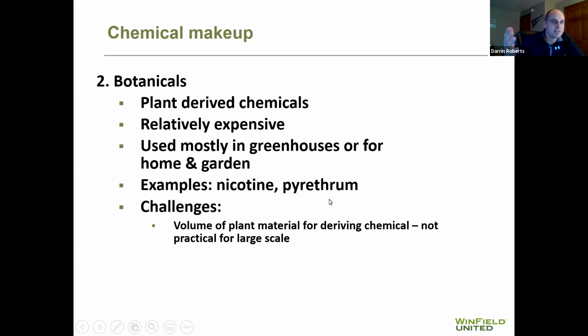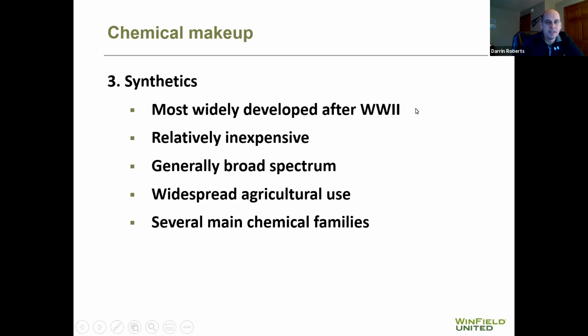And so the synthetics that we use today, the base version of those are in botanicals. Okay, these are plant-derived chemicals, relatively expensive when they're in this botanical form. A lot of these might be for the homeowner, things like that. They're not widely used in production ag, although originally they were.